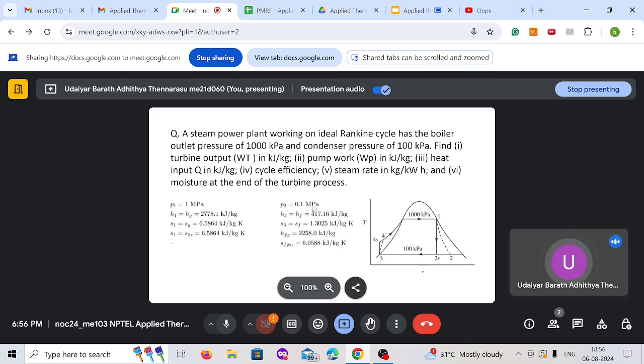So S1 is equal to S2s because it's an isentropic process. So it will be 6.5864 kilojoule per kg Kelvin, and SFG at 2s is 6.0588 kilojoule per kg Kelvin.